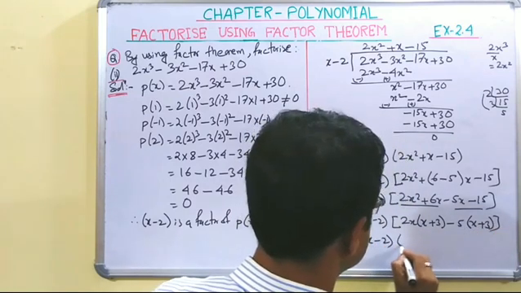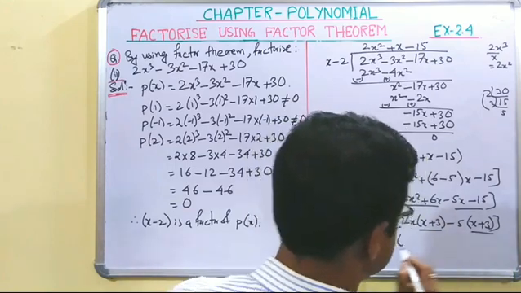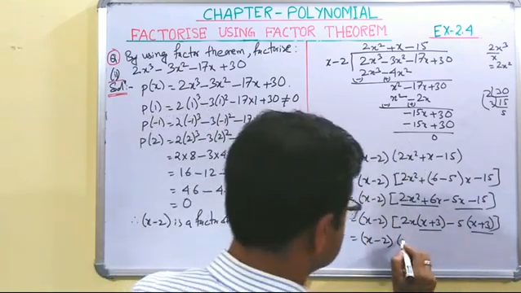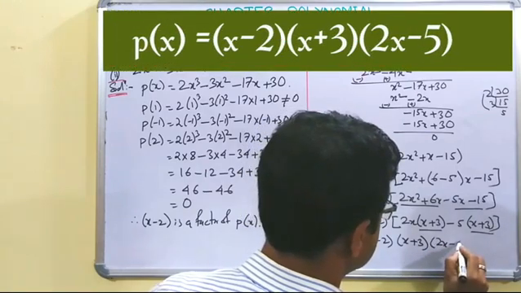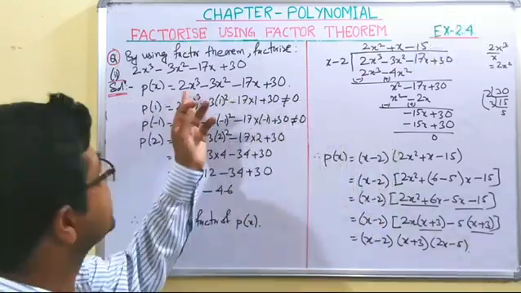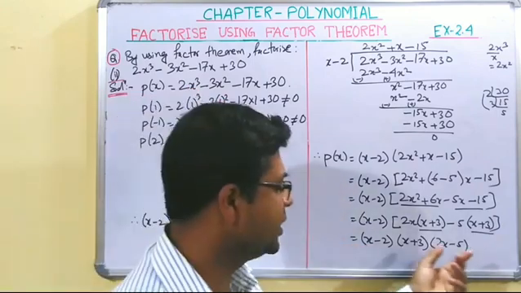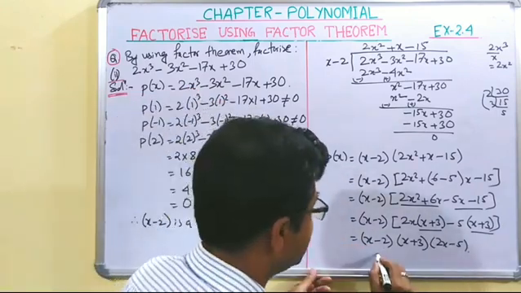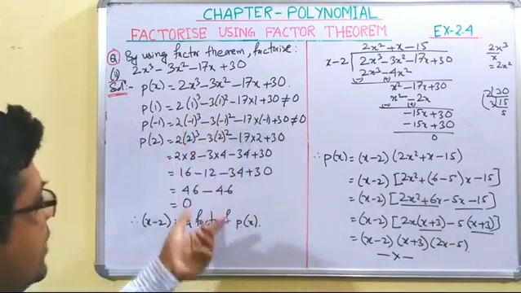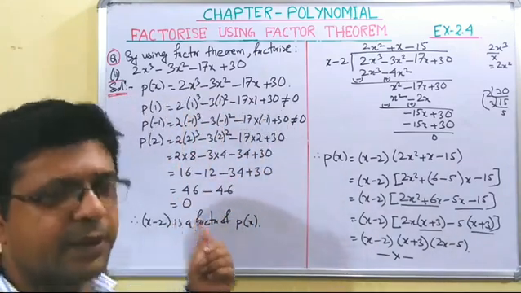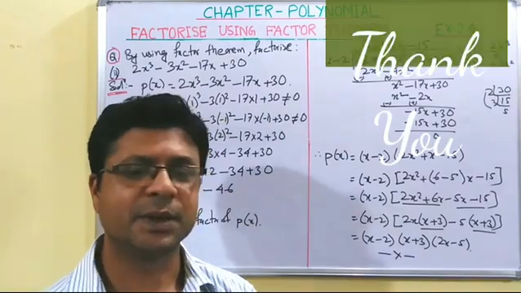So x minus 2, and here x plus 3 is common. Let us take it common. What is left? Twice x minus 5. So you can see the degree was 3, so we got 3 factors. In this way we have factorized using the factor theorem. Okay, this is the factor theorem we applied here. Please try this type of sum. Thank you.